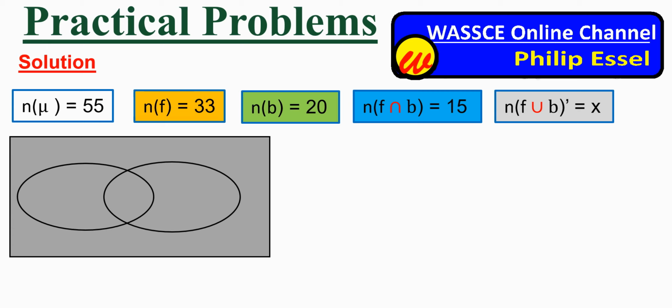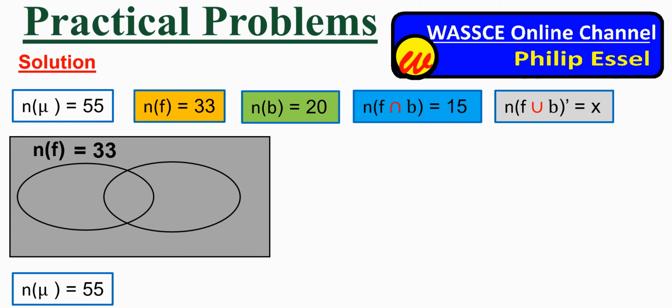The number of fufu eaters are 33, so we'll write that information in the Venn diagram. So that whole circle represents the number of people who eat fufu. We would use the second circle to represent the number of people who eat banku.